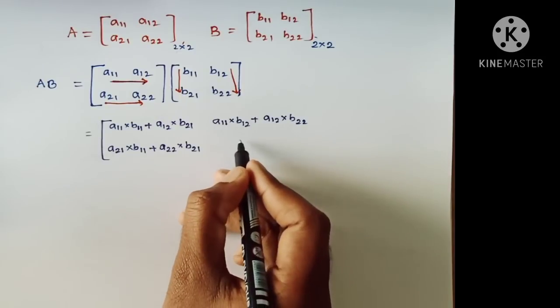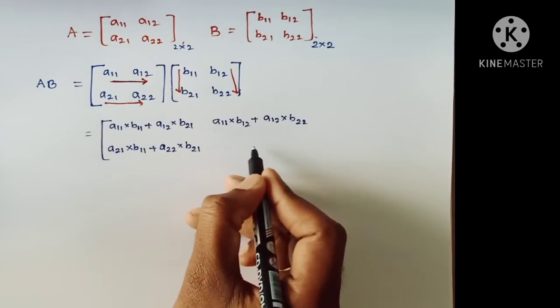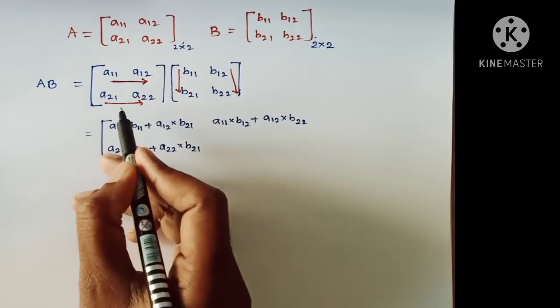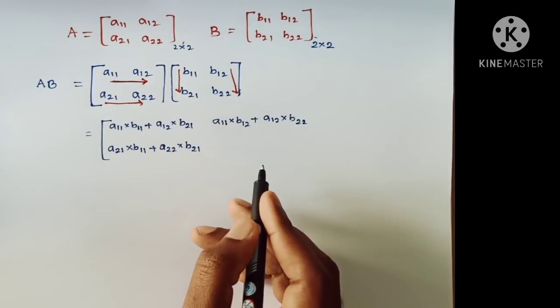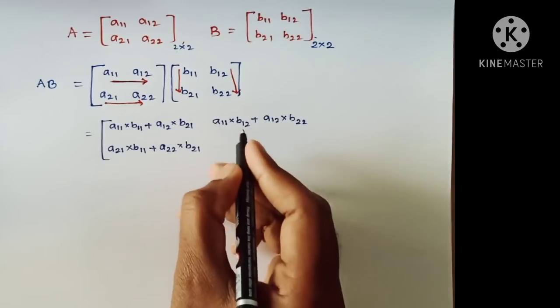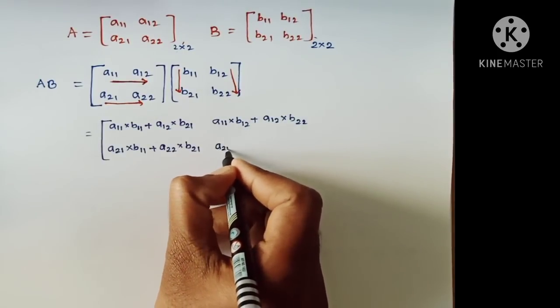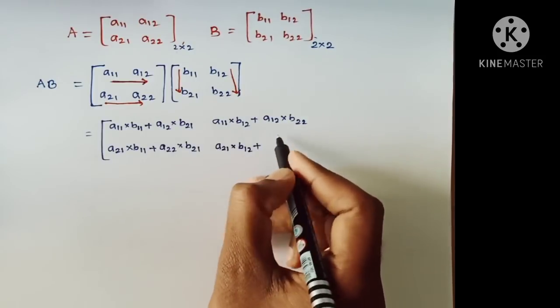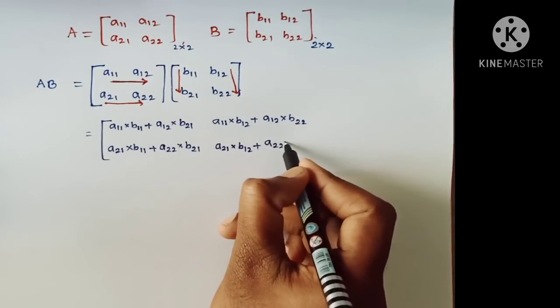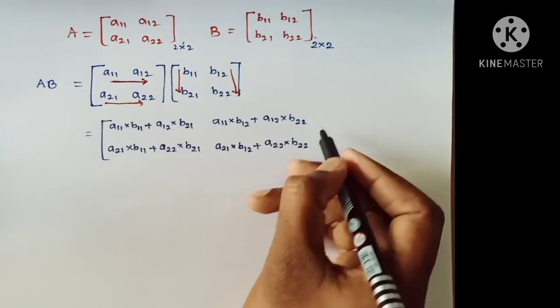And for the last element, in position 2 2, we multiply the second row of the first matrix with the second column of the second matrix, that is A21 into B12 plus A22 into B22.